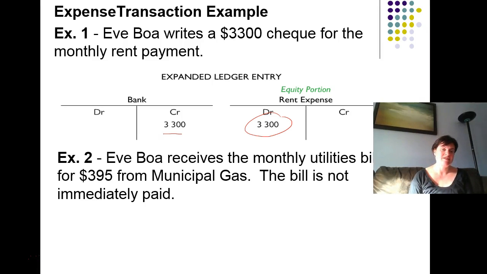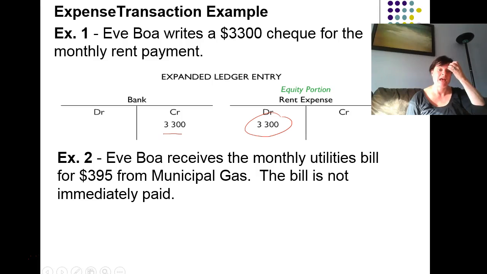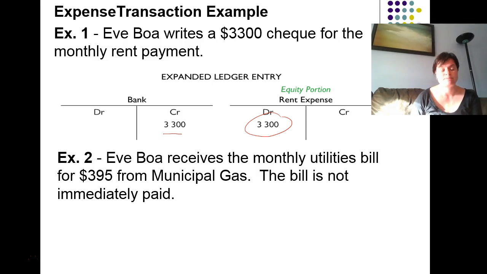The next one is Eve Boa receives the monthly utilities bill for $395 for municipal gas. So the bill is not immediately paid. So again, what do we do here? What are the 2 accounts that are affected? Well, we haven't paid the bill yet, so we know for sure accounts payable is affected, and accounts payable is going to be credited because liabilities increase on the credit side. What other account is affected?